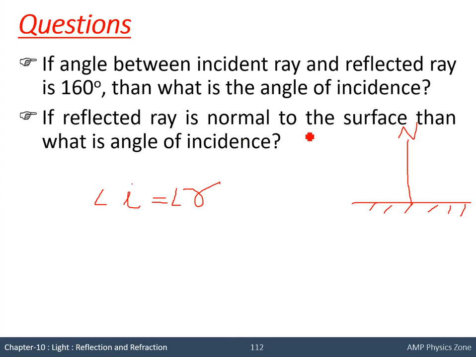Now reflected ray is normal to the surface, so reflected ray is also along this line. It means angle of reflection is 0. So angle of incidence will also be 0 degree. It means incident ray will also be normal to the surface and angle of incidence will be 0 degree.